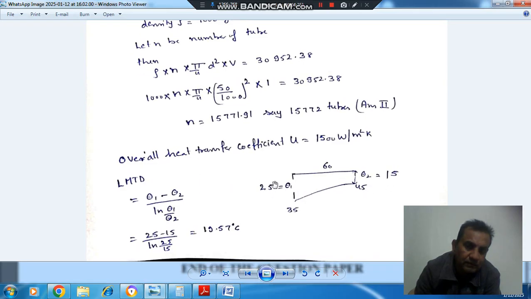So LMTD is theta 1 minus theta 2 divided by ln theta 1 by theta 2. So that is 25 minus 15 divided by ln 25 by 15, it comes out as 19.57 degrees Celsius.